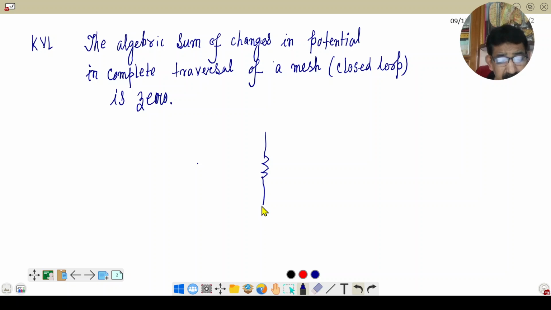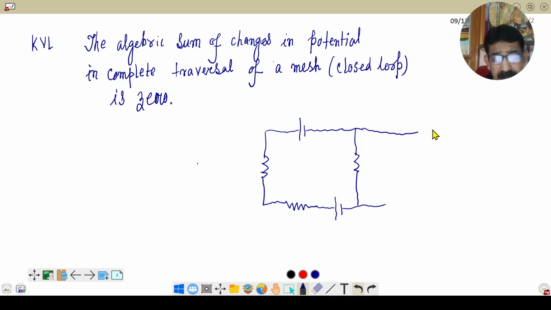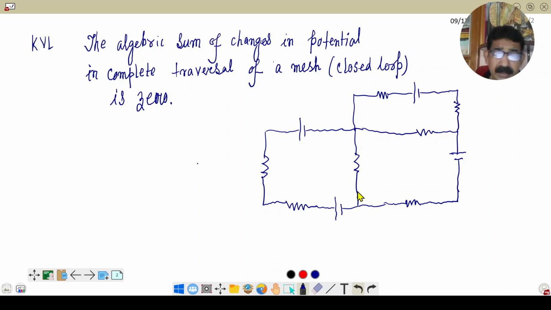This is a resistance, it is another resistance, it's a cell, there is another cell, there is another resistance, there is another resistance like this, it's a cell, it's a resistance, and the circuit extends like this: resistance, cell, resistance, and like this. Suppose this is a circuit like this.